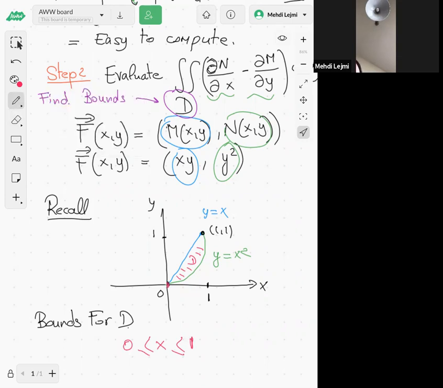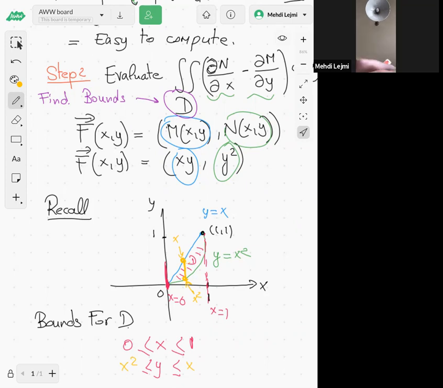Then once you fix x, y is between the bottom, which is x squared, and the top, where y is equal to x. So y is between x squared and x.